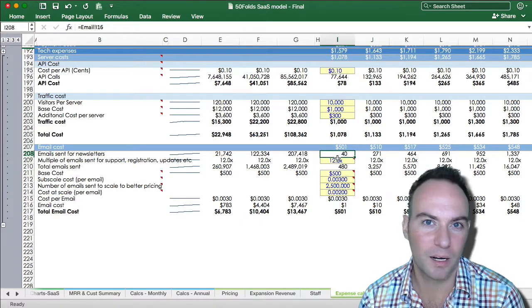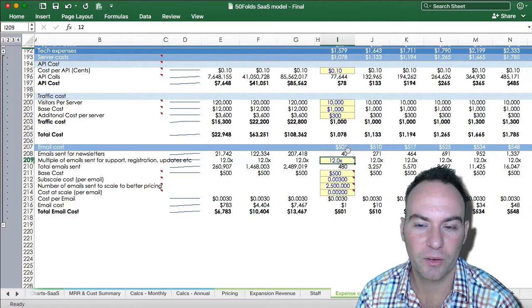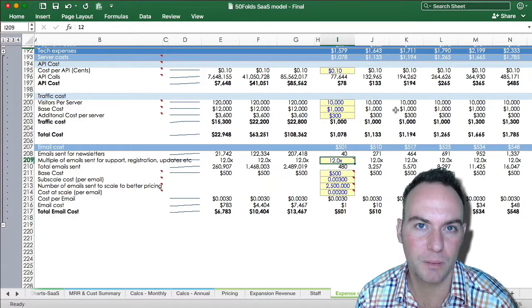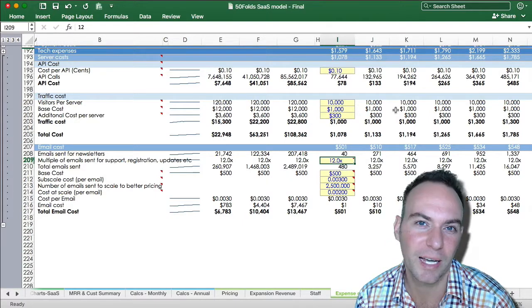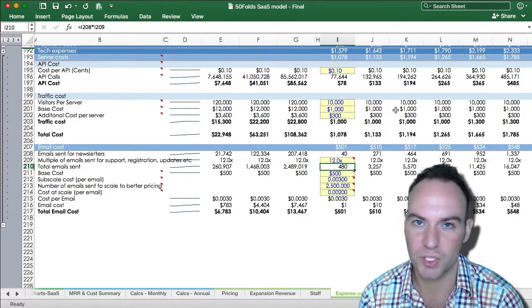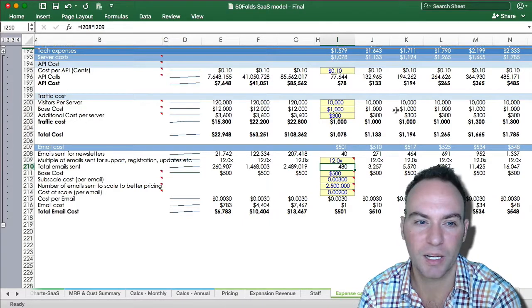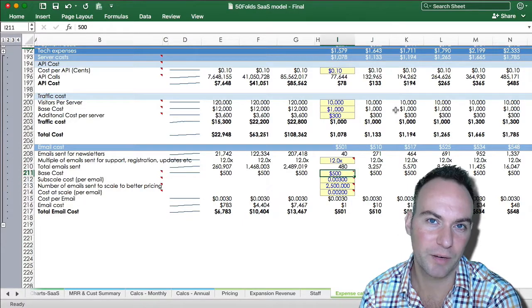And that's going to be like our proxy for the number of customers we'll be dealing with. And so assume for each customer, we want to apply a multiple of that. So on average, how many emails for each customer we'll be sending out? I've picked, say, 12 to bulk up that number, assuming there's all sorts of different emails you might be sending people. Okay. Now, what is the base cost for your email service?